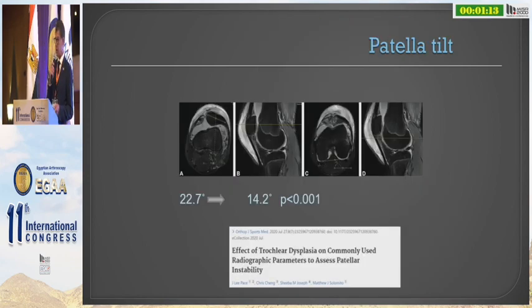So the patellar tilt, in most cases, is secondary to trochlear dysplasia. Since the lateral facet of the patella articulates with the lateral part of the trochlea, the patella automatically tilts. And if you do a trochleoplasty, what you will see is the patella suddenly comes down into the trochlea and the patella tilt disappears.